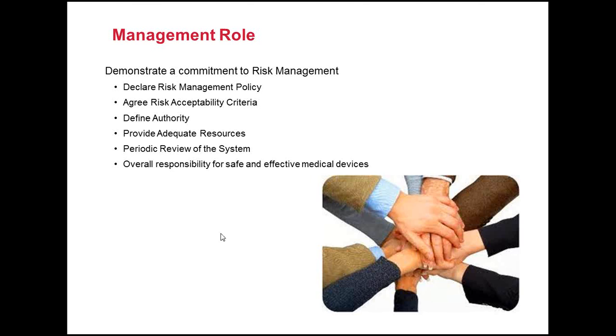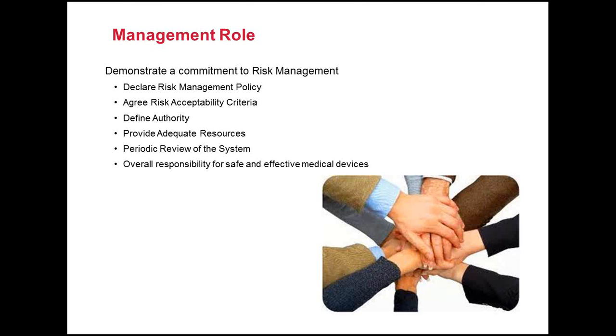So we saw in the process approach diagram there is a key role for management to demonstrate commitment towards compliance with the standard requirements. So we need to have a risk management policy which is similar to your quality policy, maybe with a specific focus on software. You can have it.